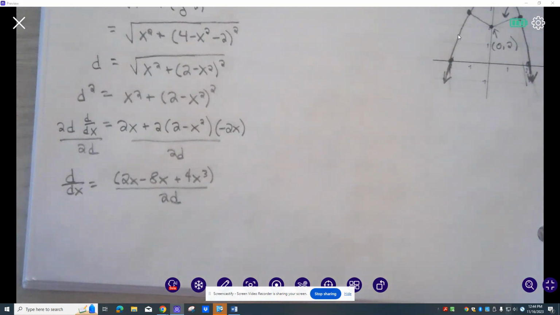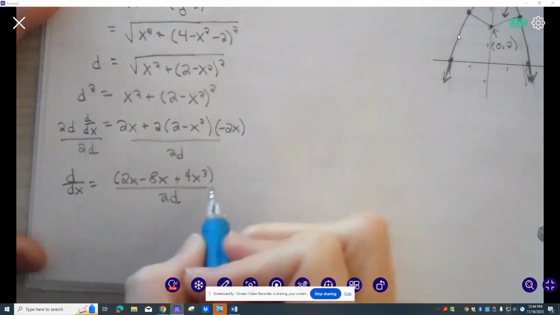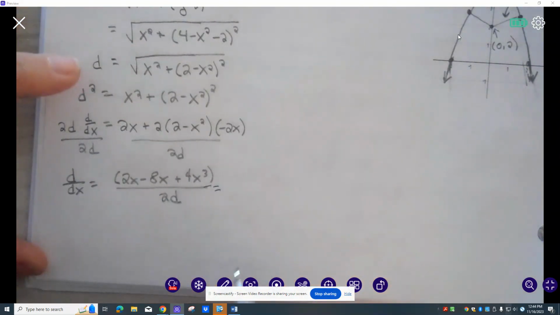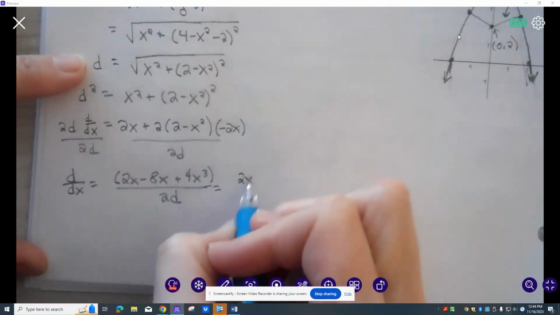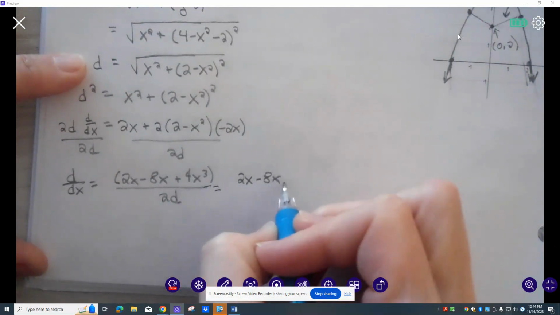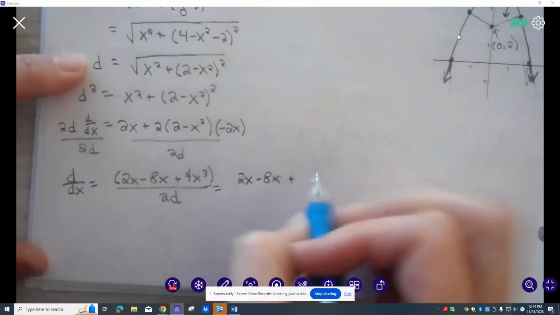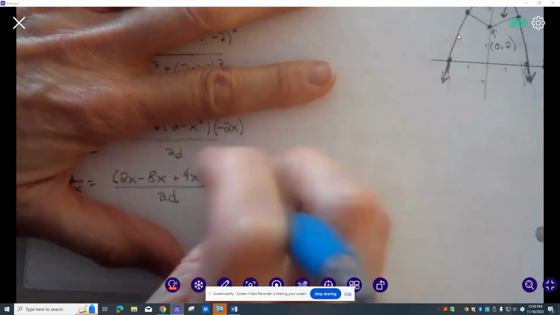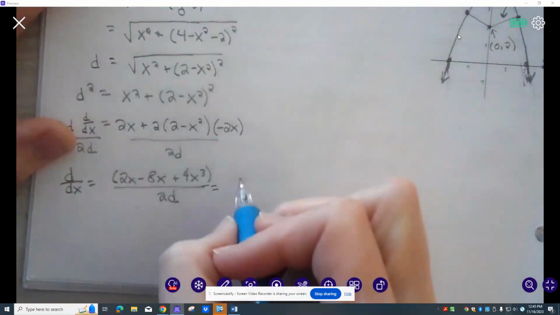Let me make sure I got this simplifying right for 2d. I got to do one more step here. Sorry, this d I need to turn into an x. So remember, d is all of this. So this would actually be 2x minus 8x, plus, oh, no, let's just write that as minus 3x.